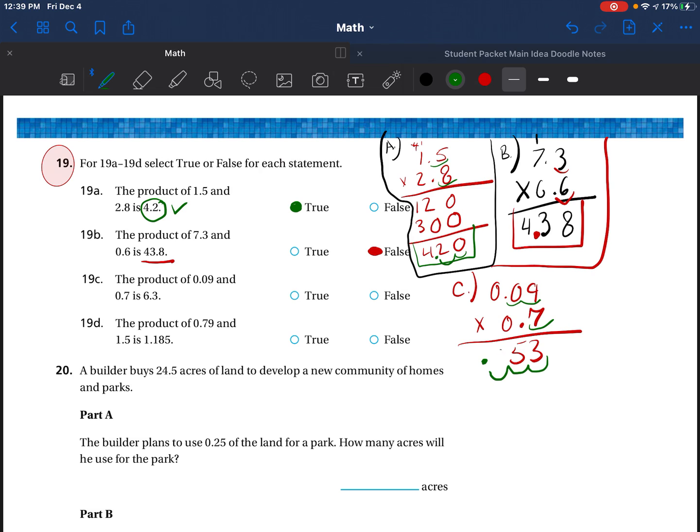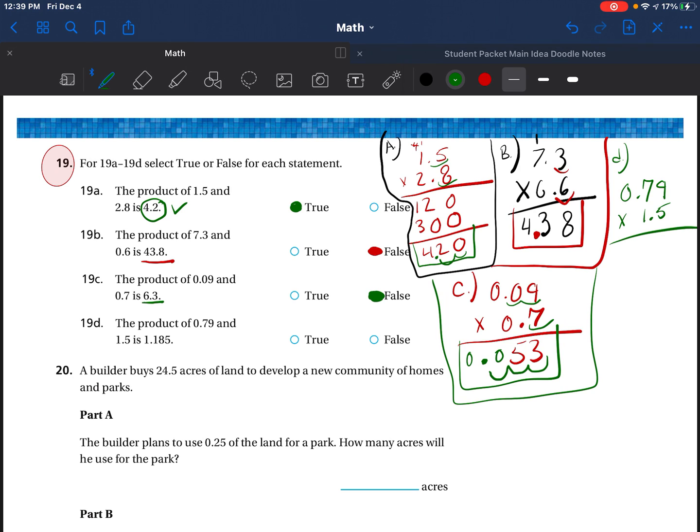So our answer is 0.063. They have 6.3. That is not correct. That is definitely false.